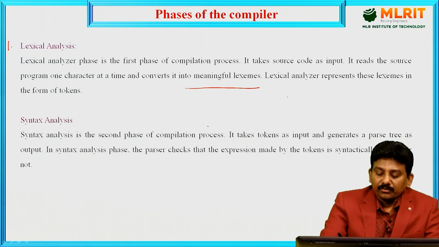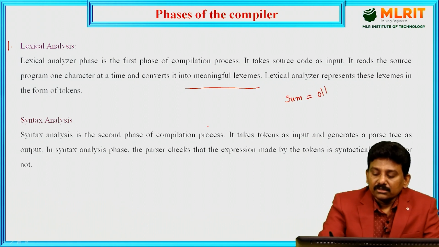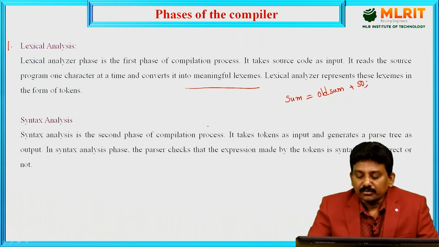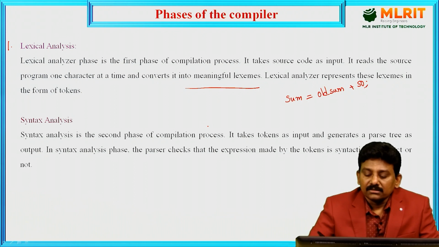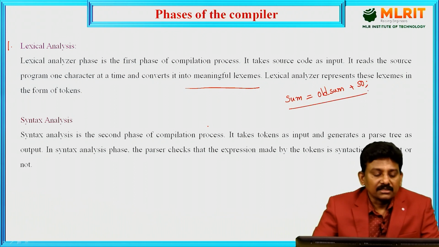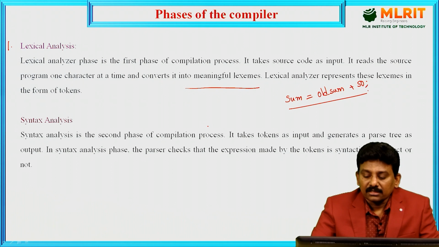So, for example, sum is equals to old sum plus 50. This is a source program statement. This statement is scanned by the lexical analyzer, which reads character by character at a time and finds the lexemes.